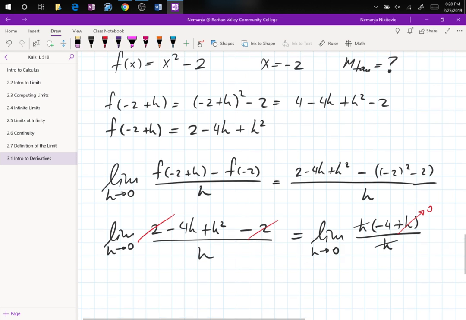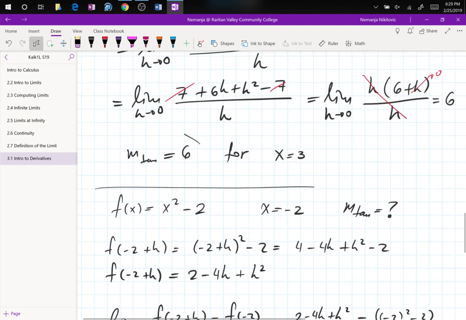As soon as you remove the denominator, you can immediately go and say it goes to 0. So now the total is negative 4. So slope m tangent is equal to negative 4 for x equals negative 2.